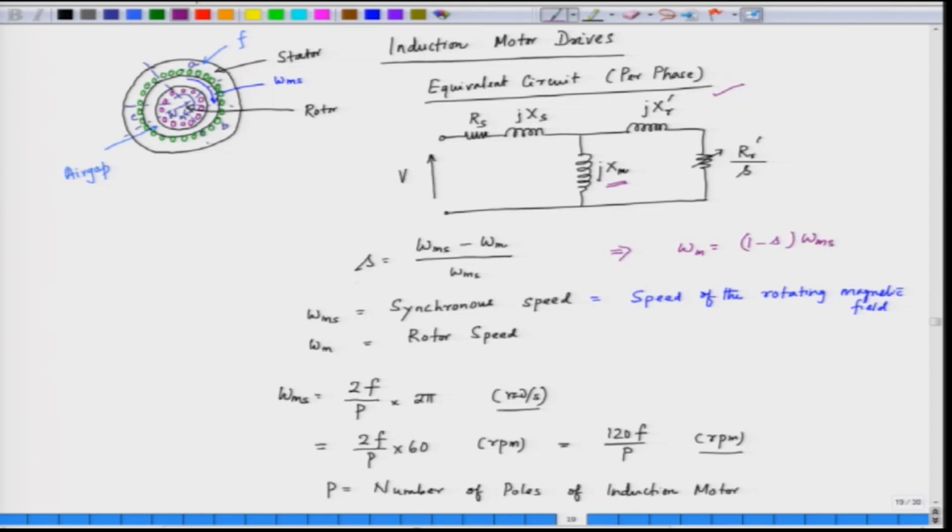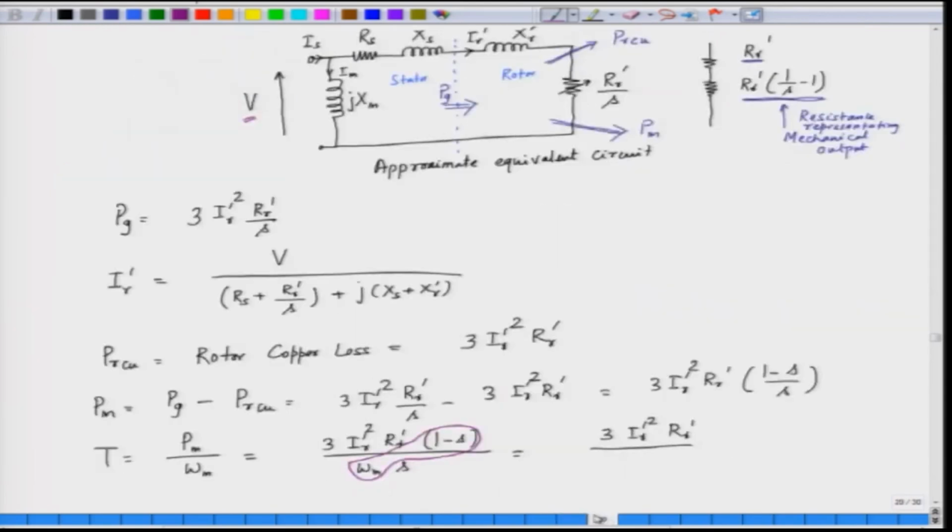So, from this equation for the slip, we can find out the mechanical speed, which is (1 minus s) into omega_ms. When we substitute for omega_m, this (1 minus s) gets cancelled. So, what we get here is omega_ms into s. So, this is the torque of the induction motor.